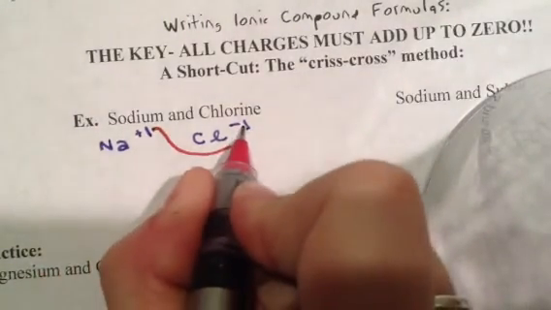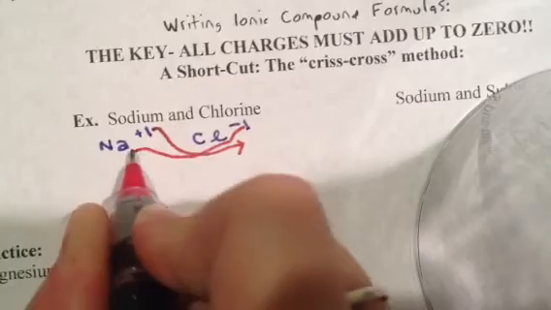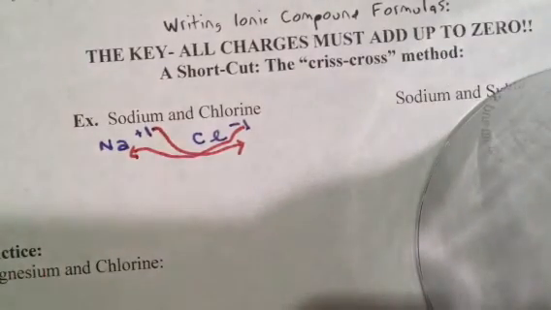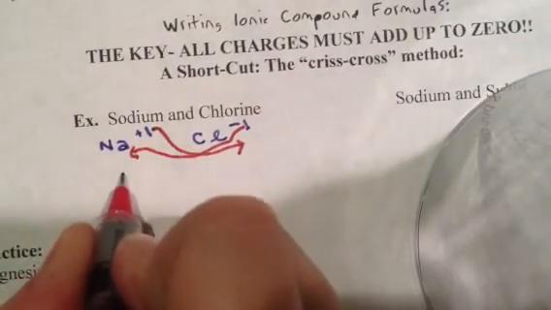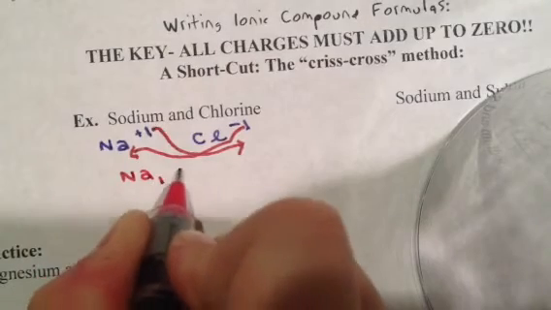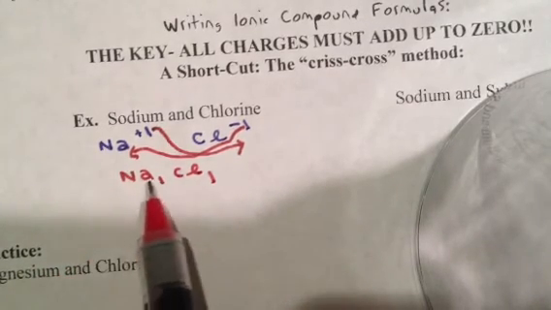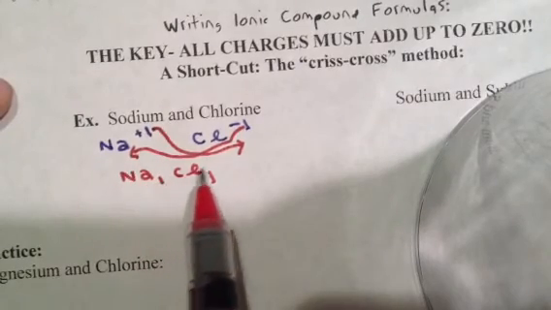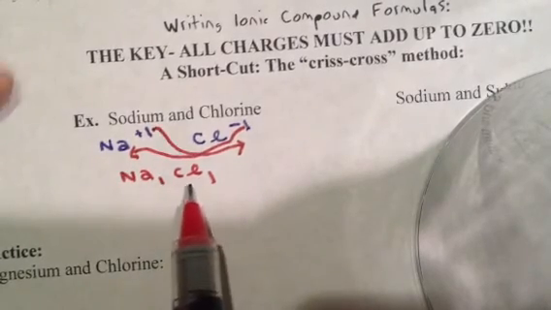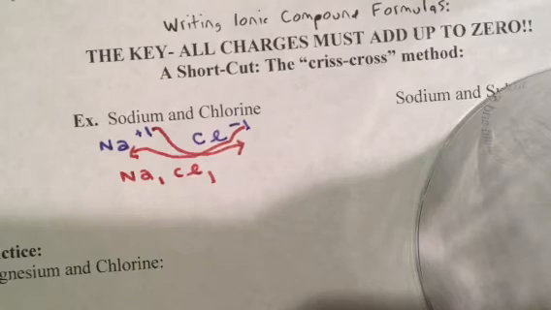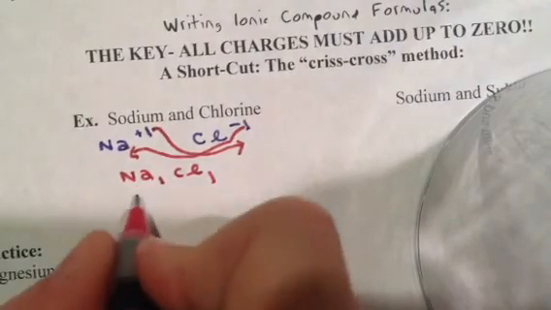I'm going to take the exponent of chloride and make it the subscript for sodium. So now this becomes Na1Cl1. And if you notice, Na has a +1 charge, Cl has a -1 charge, there's one of each, they cancel each other out, and all your charges add up to 0, which is really nice. Now, you've never seen Na1Cl1 because you can simplify it, guys. It can just be NaCl.